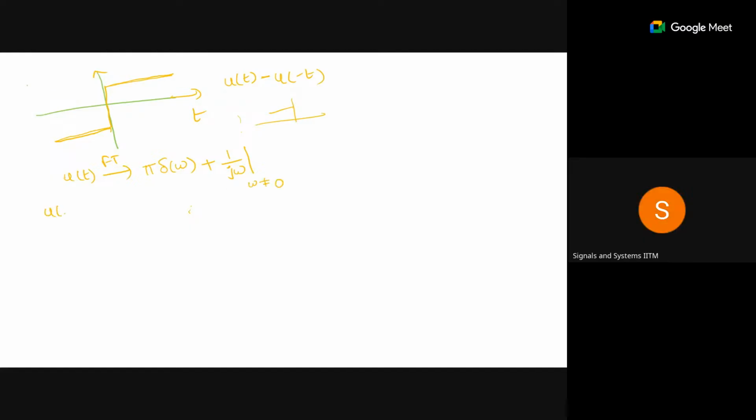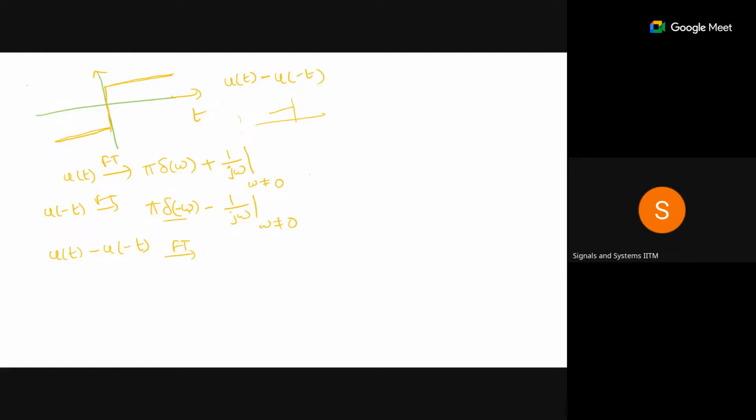For u of minus t, it will be pi delta omega minus 1 by j omega, right? So there is a minus in front of that. So u of t minus u of minus t: delta minus omega needs to be there.